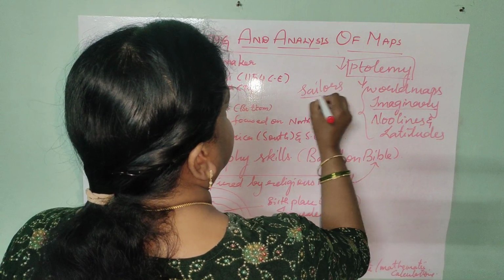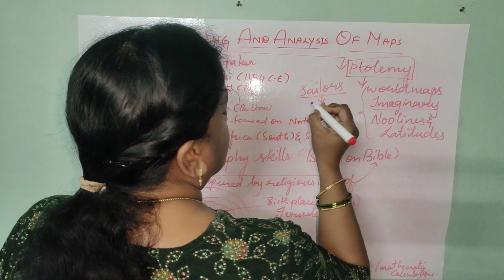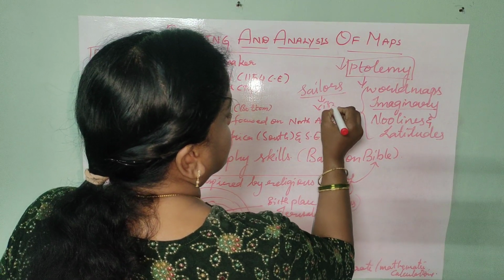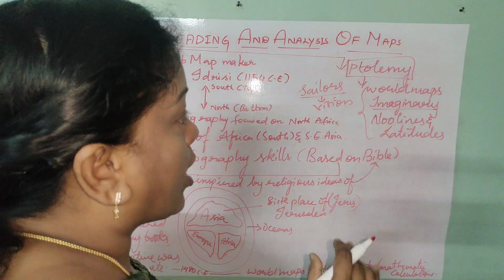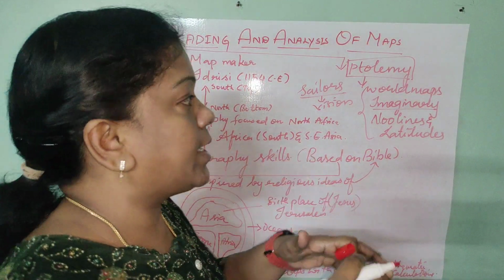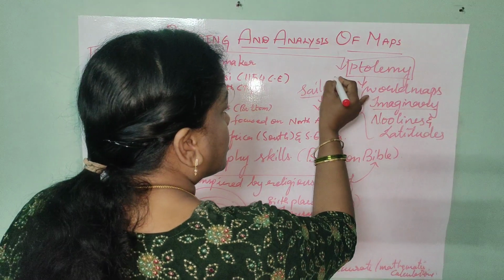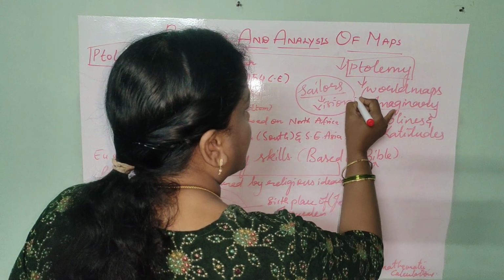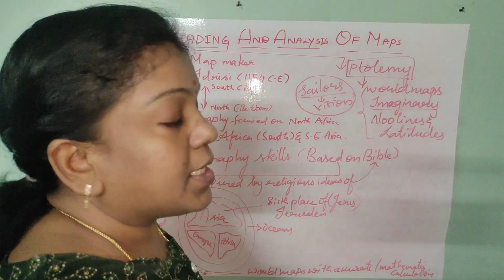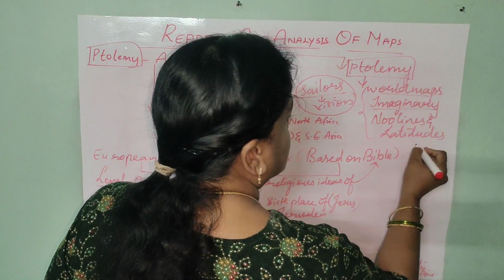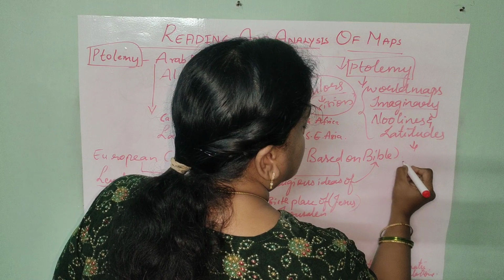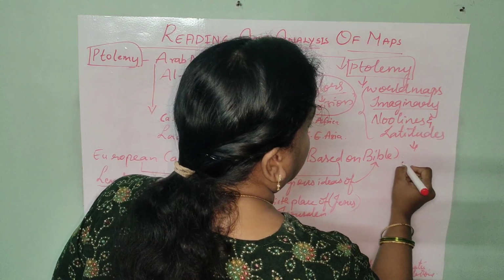sailors' coordination and their vision during sea exploration, what they had seen and what they had heard about. He took an addition of sailors' descriptions. He made the world maps as well as descriptive maps.